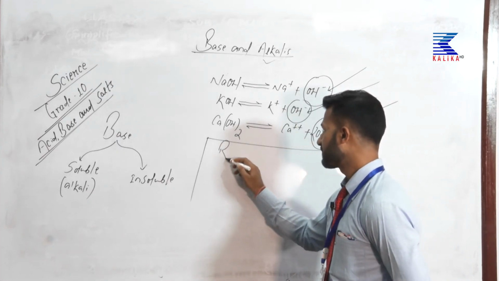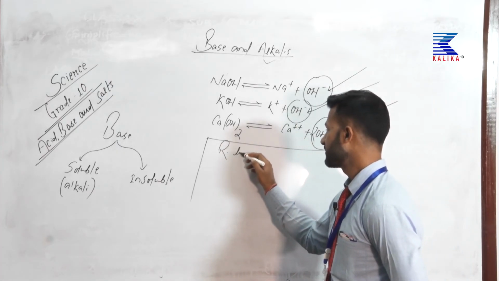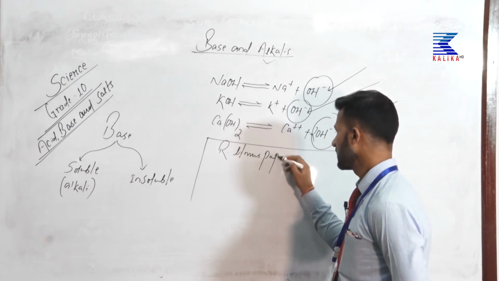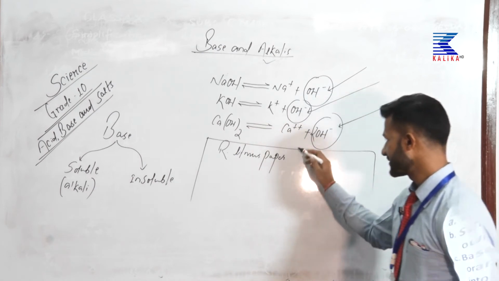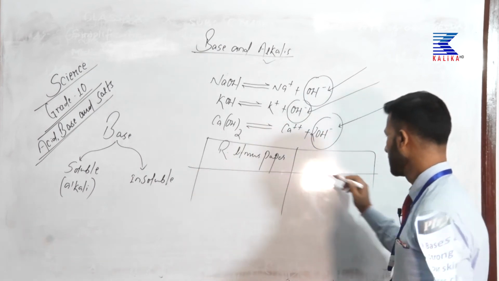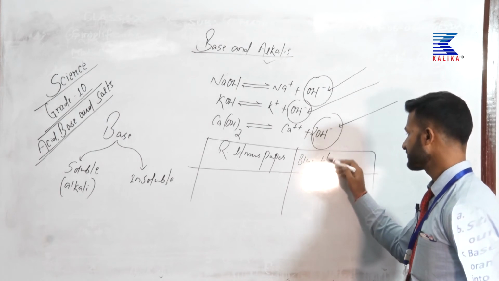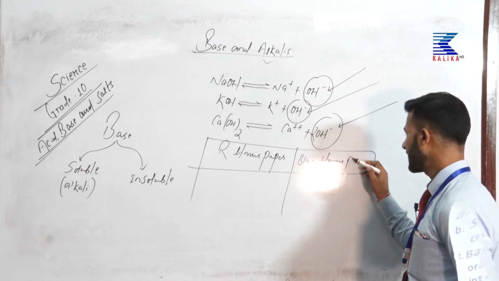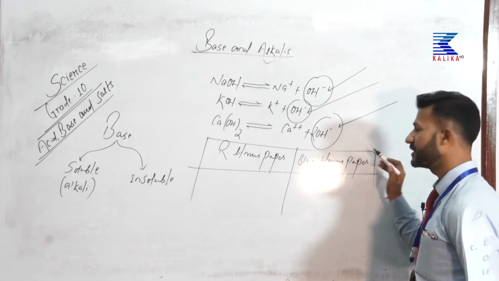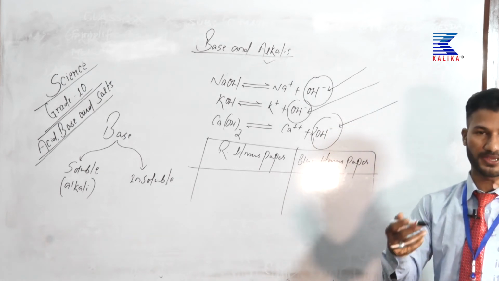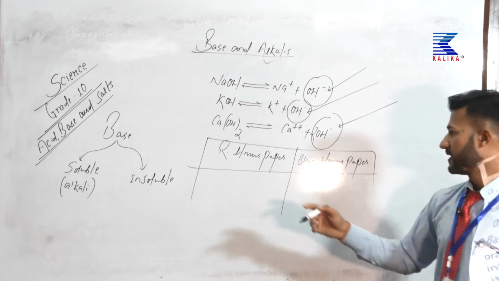Red litmus paper is one of the ordinary indicators. Blue litmus paper is another colored litmus paper. Anyway, they are ordinary indicators we use to identify the given chemicals, whether they are acid or base or salt.